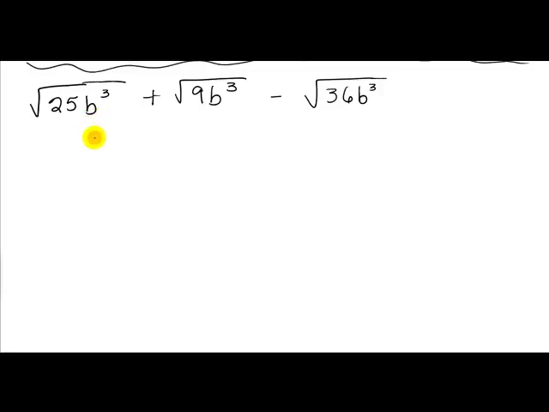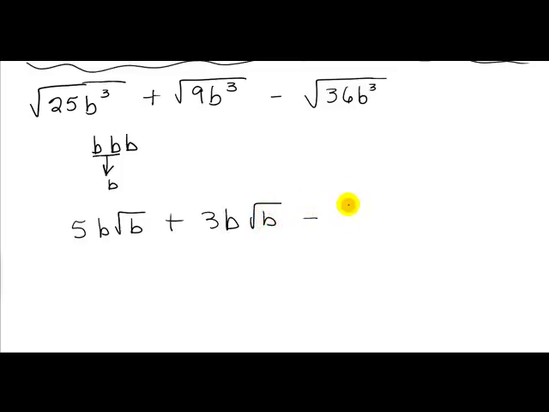Remember the b's, we've got 3 of them, and 2 of them will come out as 1, and then 1 will stay inside. So on the outside we will have 5b with a b on the inside. The square root of 9 is 3, and we've got the b on the outside and the b on the inside.